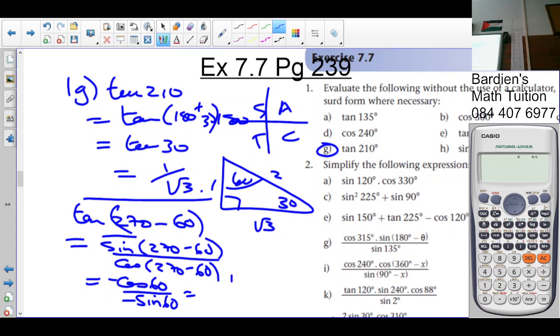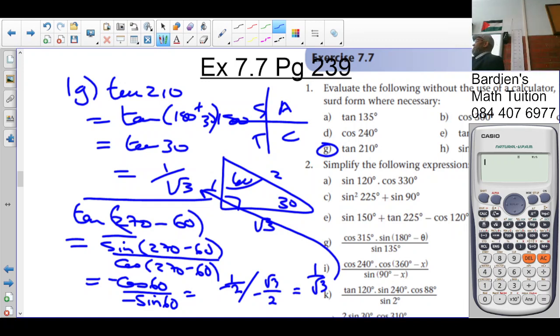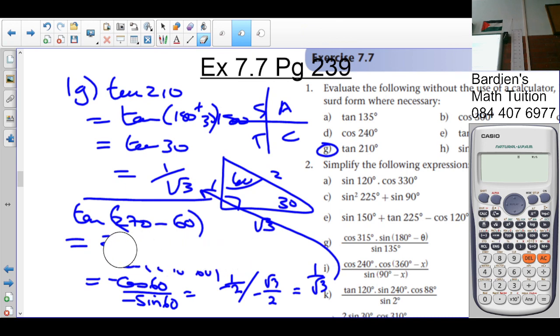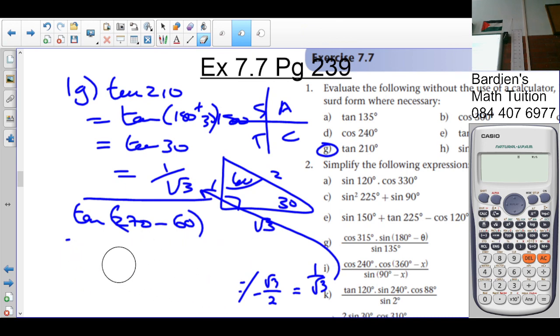Cos is adjacent over hypotenuse, sine is opposite over hypotenuse, so cos 60 over sine 60 gives positive 1 over root 3. Is that the same? You thought that's going to be tan of 60, no? But sine changed to cos, cos changed to sine.